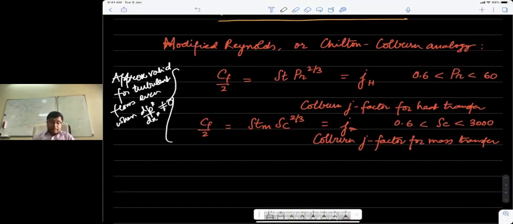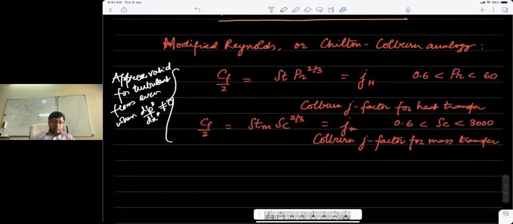Even when the pressure gradient may not be zero, we can still apply this analogy for turbulent flows, and the reason is that there is higher mixing, so the pressure gradient does not have such a large role in turbulent transport.